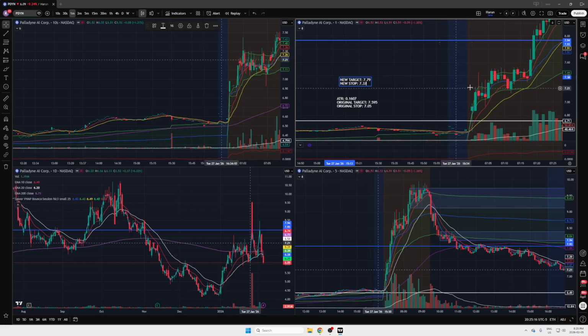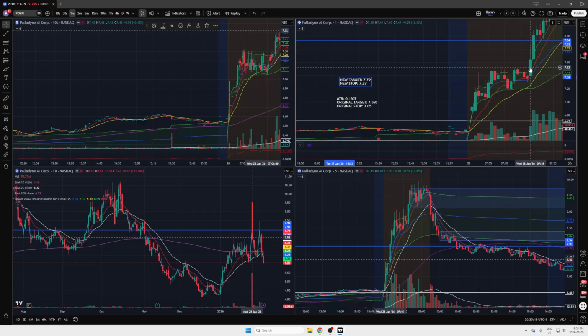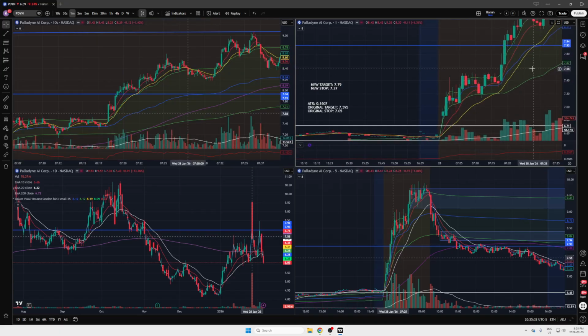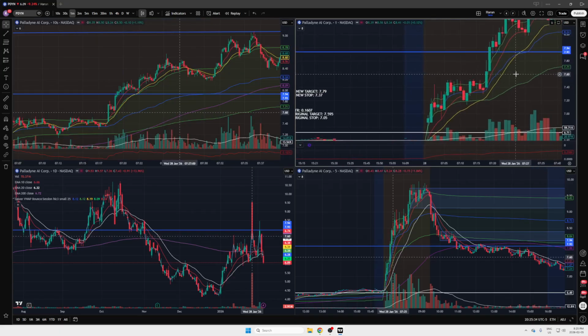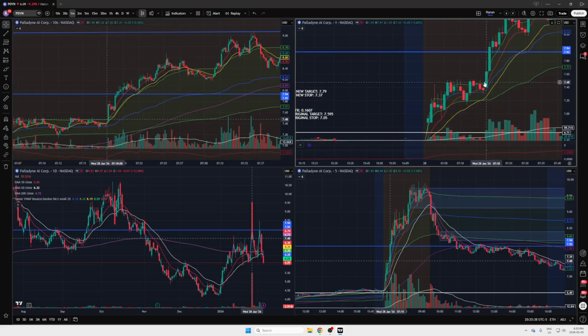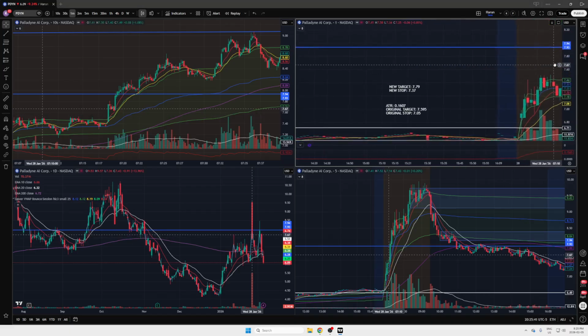Now you just wait until a break above 7.53, and there you go, you buy, and it hits your profit target at 7.79 on its first candle. The high of this candle is 7.81. You hit it right away. That's how you calculate the 3-candle setup.